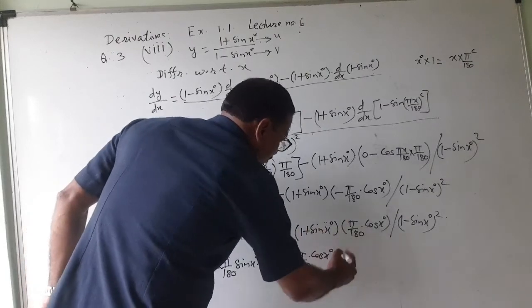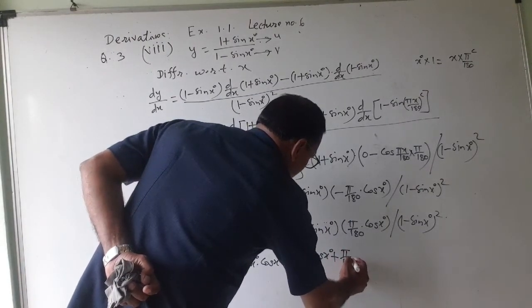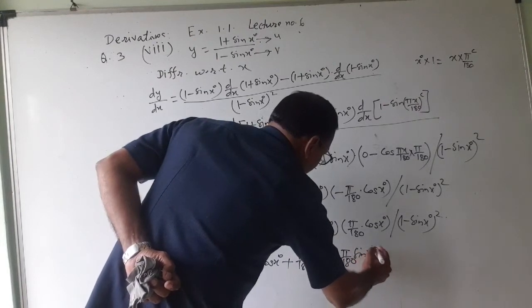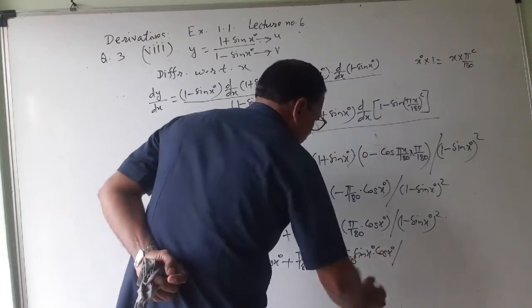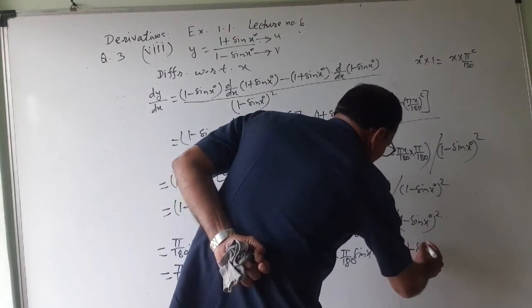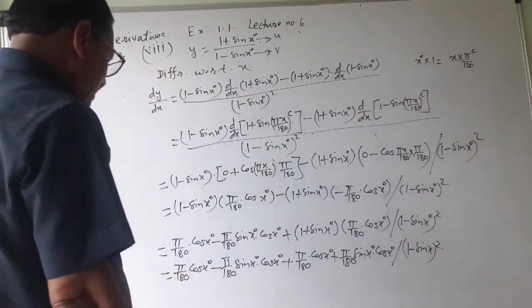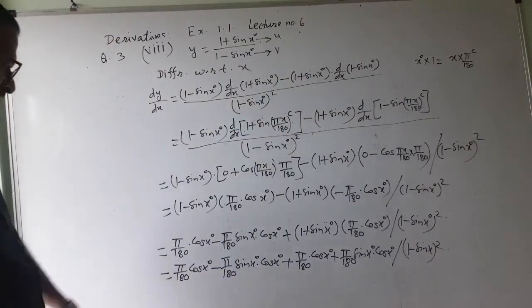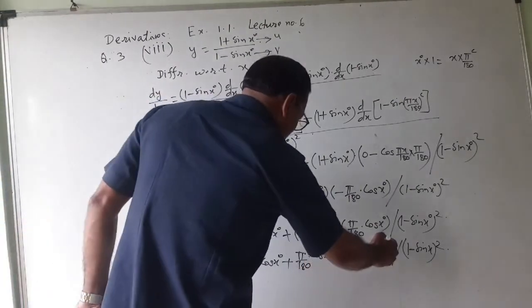Now by this sine to this plus pi by 180 sin x degree into cos x degree upon (1 minus sine of x) bracket square. Now check what is cancelling. This is minus and this is plus. This and this will get cancelled.